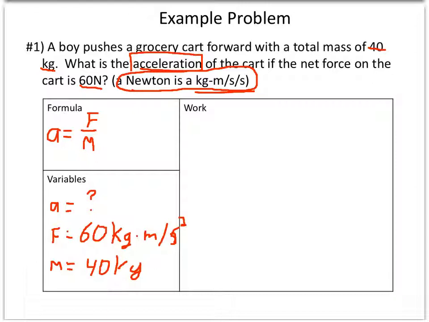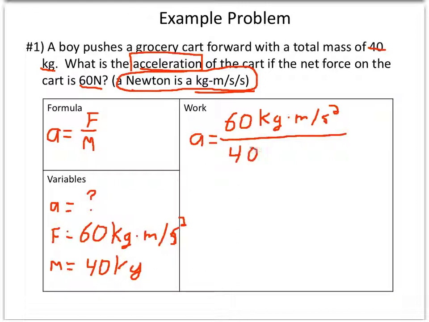Then over here we'd show our work. Acceleration is equal to 60 kilograms times meter per second squared, those were the units, divided by 40 kilograms.